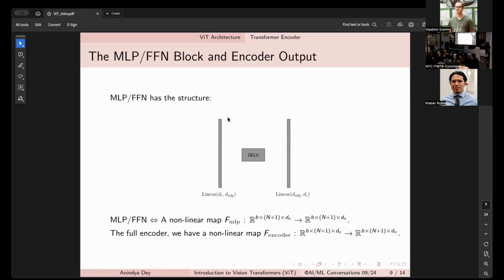Any particular reason to use GELU instead of ReLU activation? Oh, why GELU instead of ReLU? I don't know. Maybe you have a better answer to that, but if I recall, it has to do with better smoothing of the gradient. What GELU is, suppose we call it f(x), is x times some phi of x.